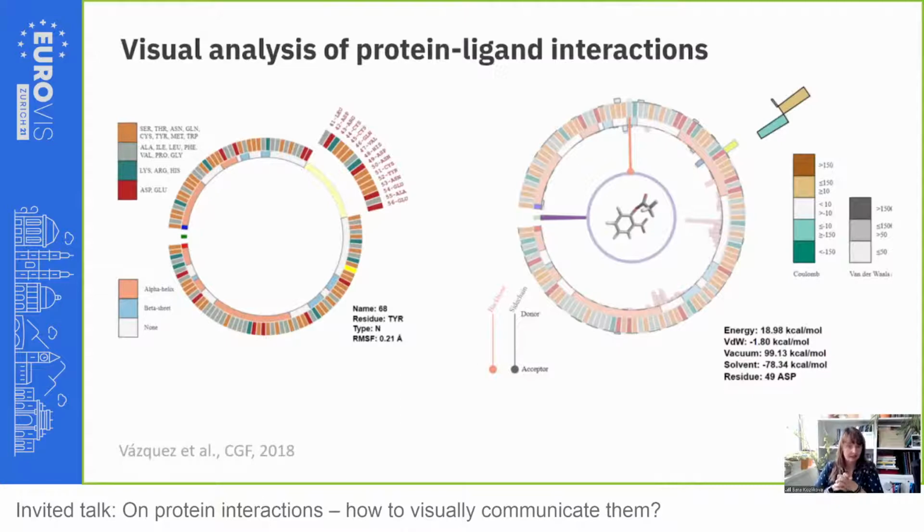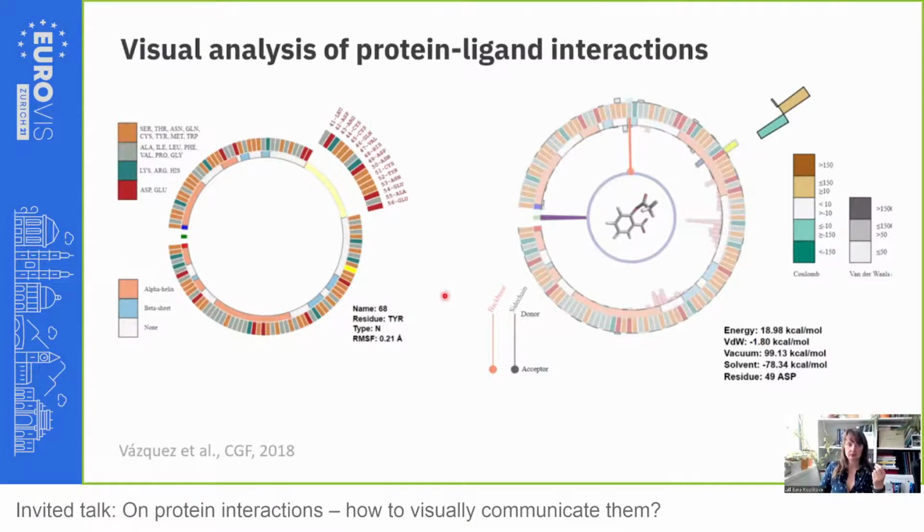There is another approach which was published in 2018 by Pere-Pau Vázquez, and this time he was again focusing on the interacting ligand and protein, but using a very abstracted representation. Basically, the protein itself is represented by a circular view, with individual amino acids encoded.